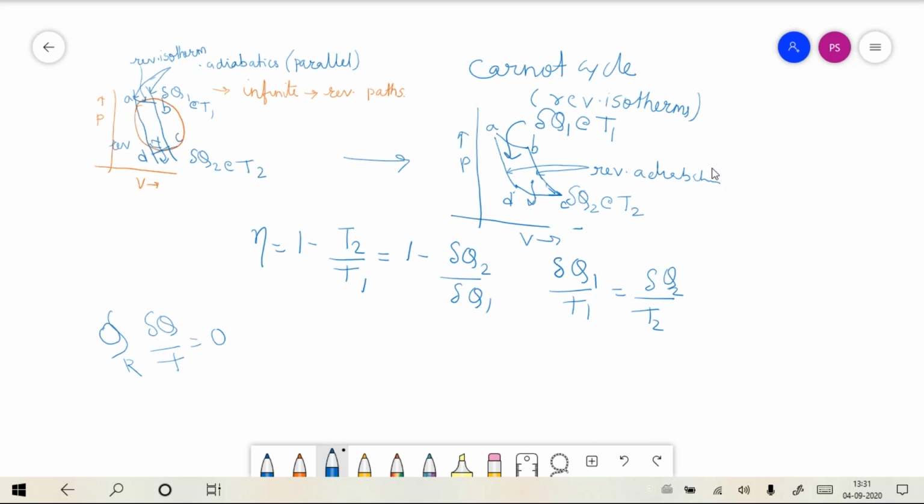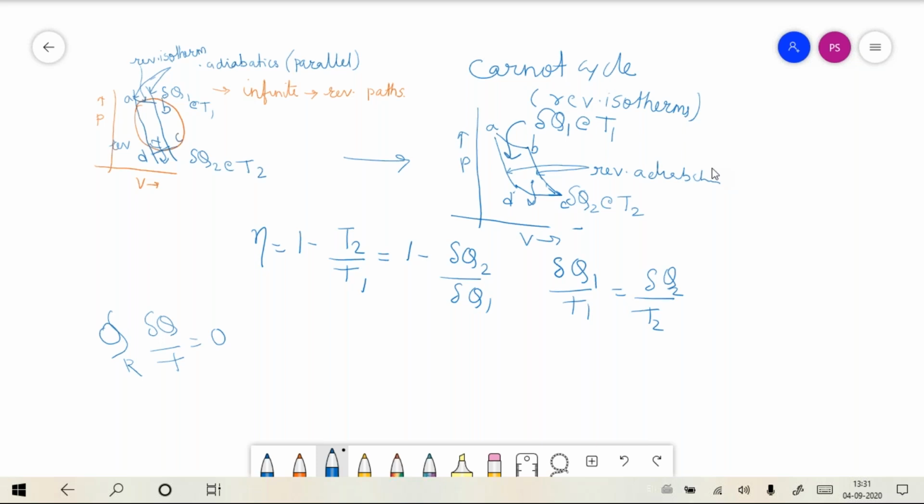a reversible cycle, which is shown on the board. Okay, the red colored cycle. And we had proved that a reversible path is equivalent to a zigzag path comprising of two reversible adiabatics and a reversible isotherm in between.